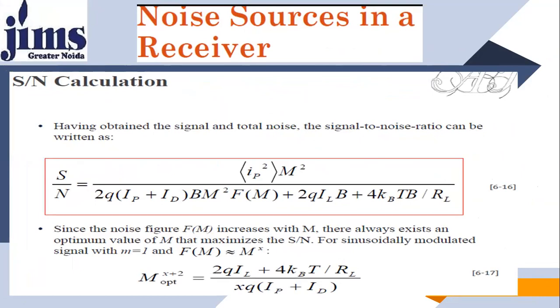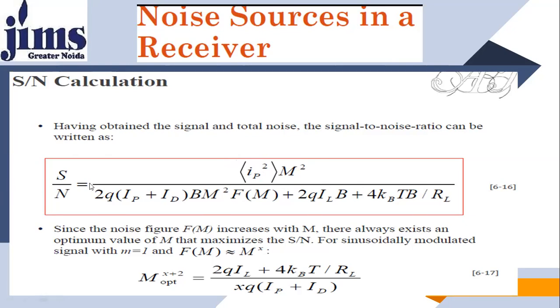This signal power is actually the photon current, and if you square the photon current, it becomes photon power. If you multiply with the current gain factor, then you get the total photon current, or you measure total photon power due to photon current IP, and take the ratio, then this becomes S by N, right?